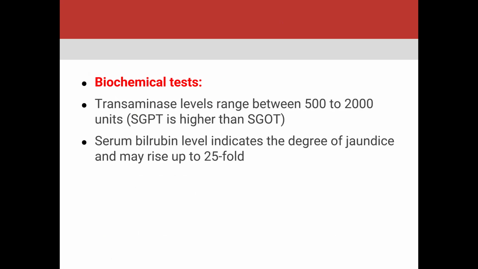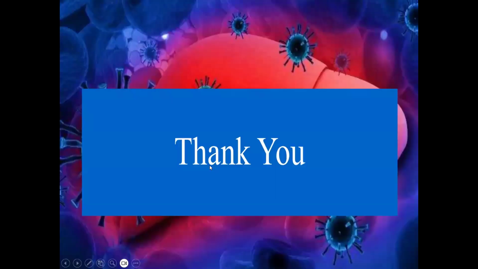Serum glutamic pyruvic transaminase. And what is meant by SGOT? Serum glutamic oxaloacetic transaminase. Here the serum bilirubin level indicates the degree of jaundice, and it increases up to 25-fold.